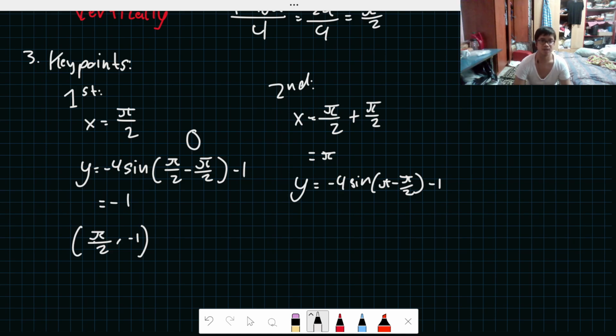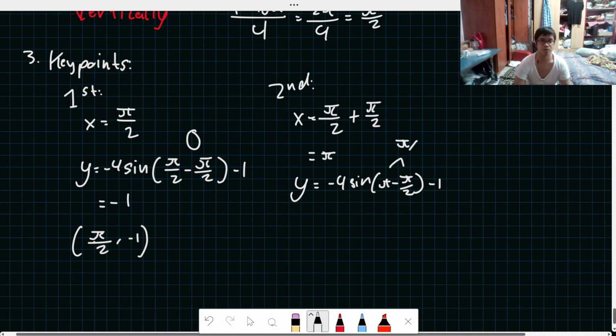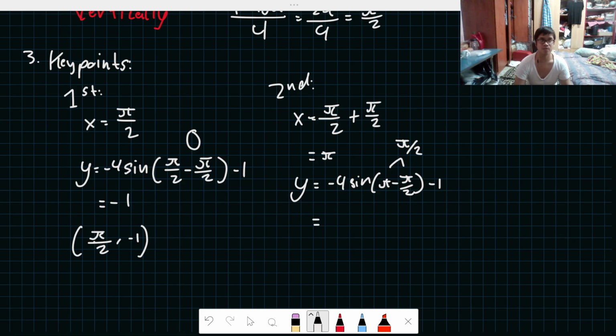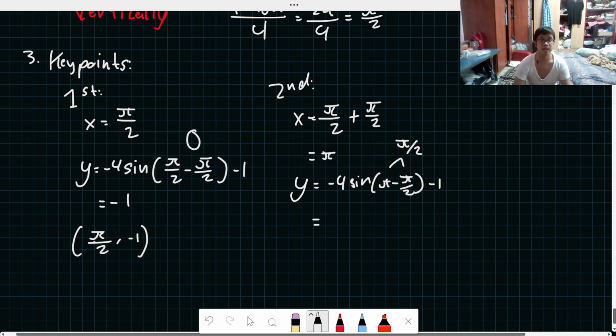So negative 4 times sine of pi all over 2, that's basically negative 4 times 1. So negative 4, then minus 1, is negative 5. So your second key point is pi, negative 5.